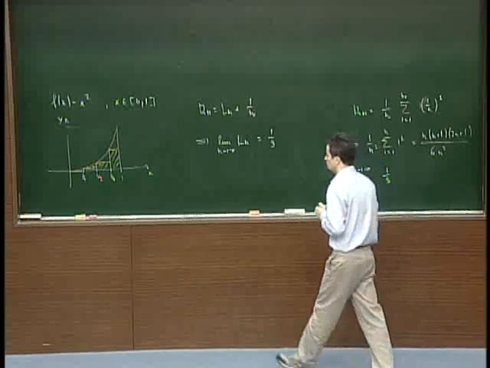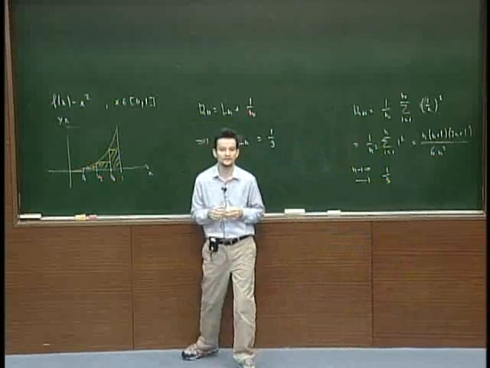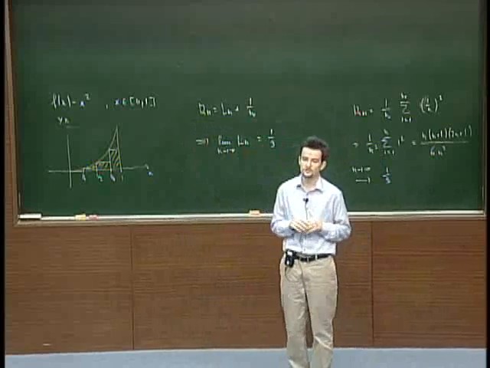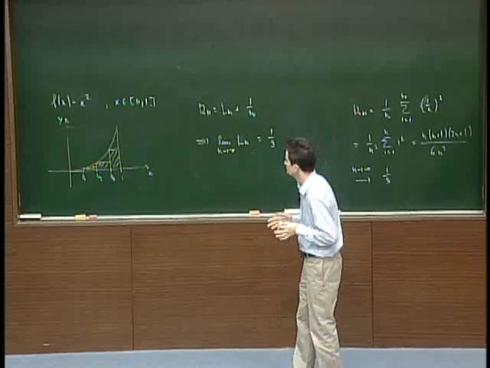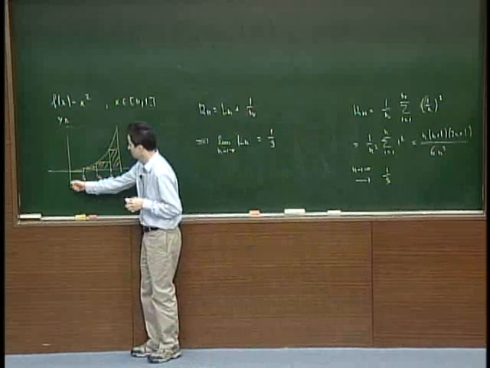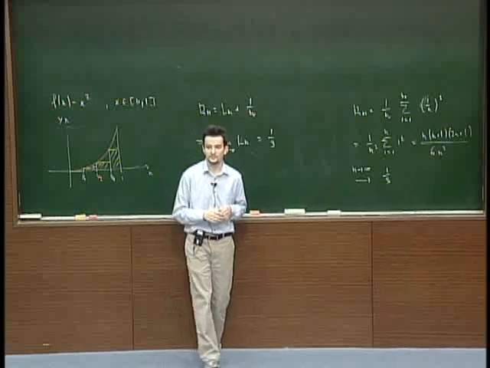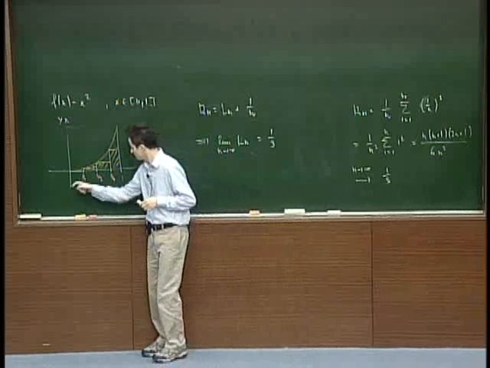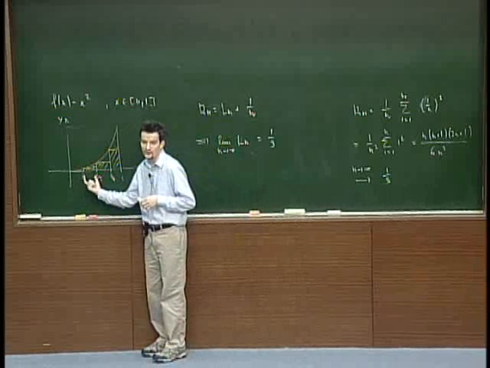Okay, so there are several questions you might ask. For instance, this seems to be quite random, that I divide the interval from 0 to 1 into subintervals which all have the same length.